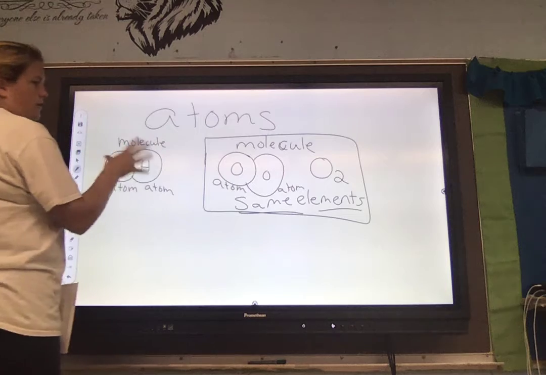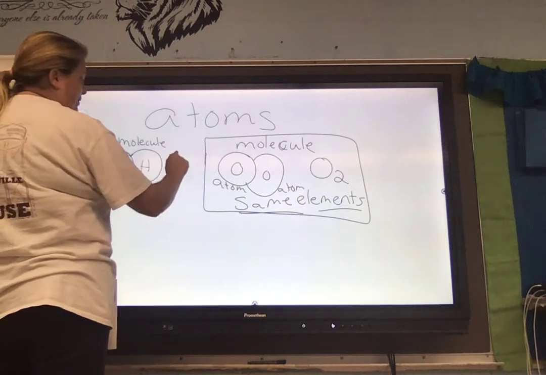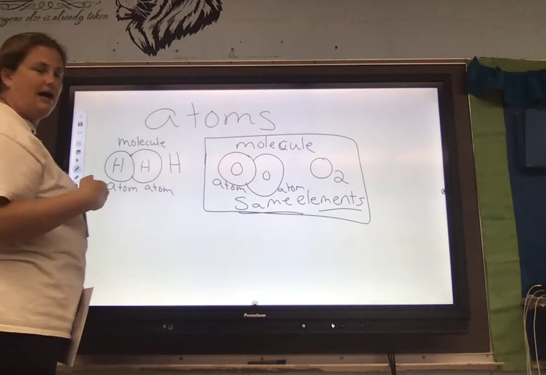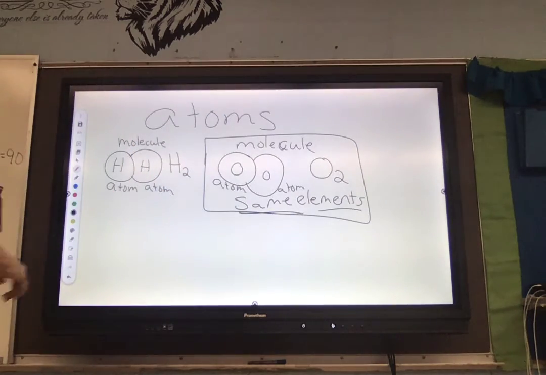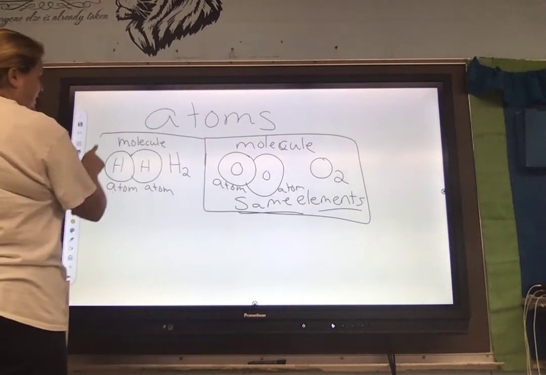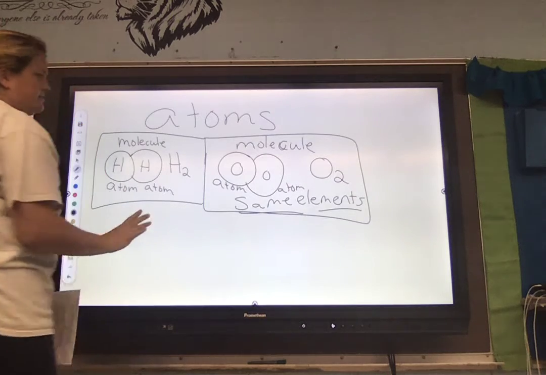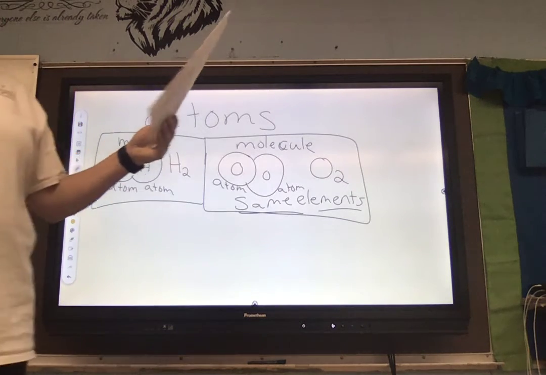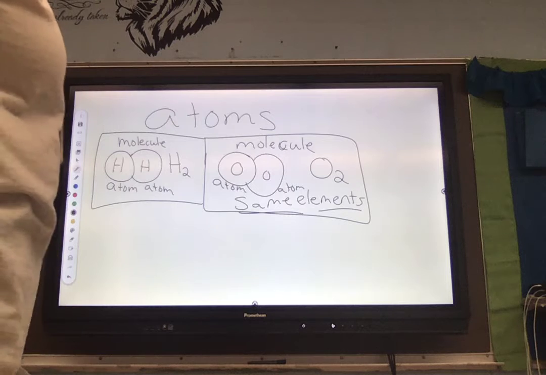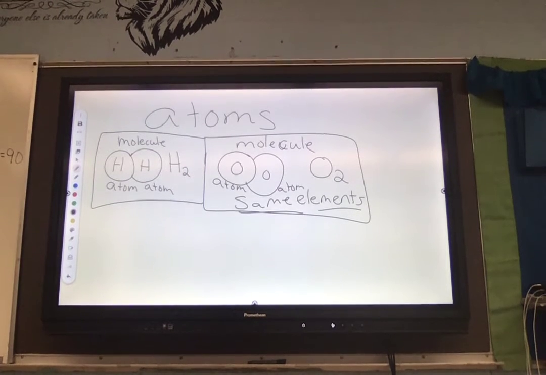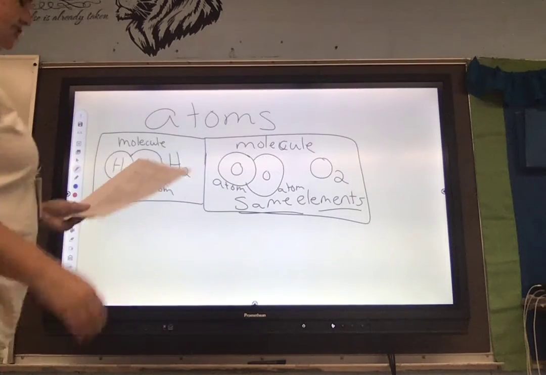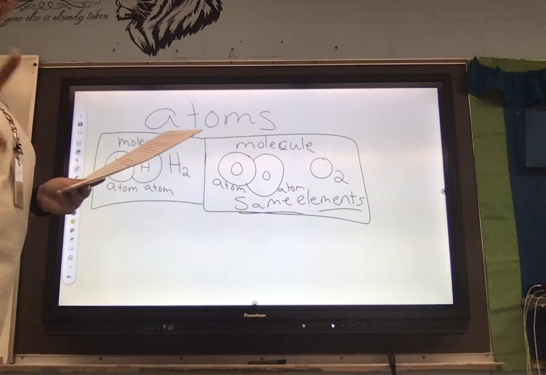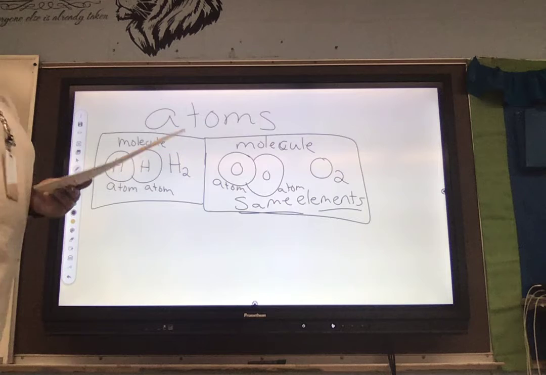The chemical formula for this would be capital H, because that's how we make hydrogen, with the little subscript 2. H2 tells us we have 2 hydrogen atoms. So you have a box on page 7 for you to draw a molecule of oxygen, O2, and a molecule of hydrogen, H2. The little subscript 2 tells you how many you're drawing.